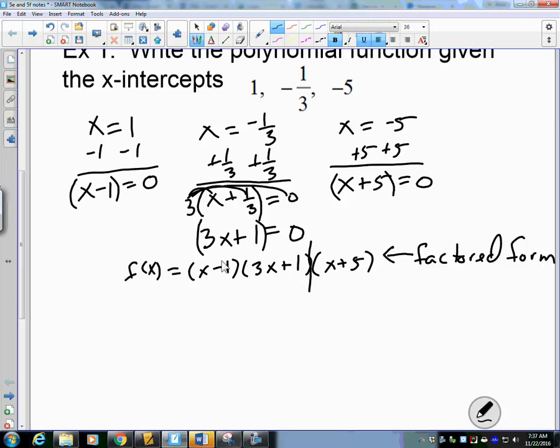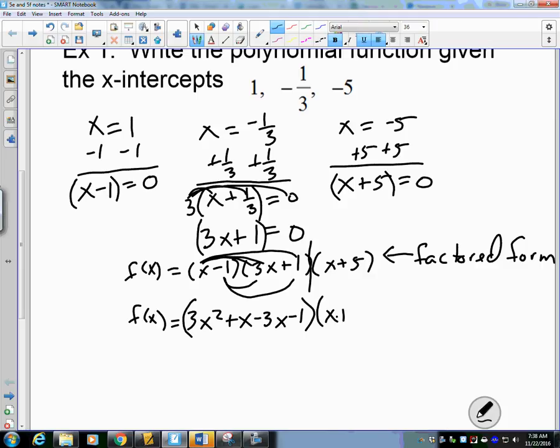So I do x times 3x, 3x squared, x times 1 is x, negative 1 times 3 is negative 3x, negative 1 times 1 is negative 1, so it'll end up being a trinomial from the two binomials.